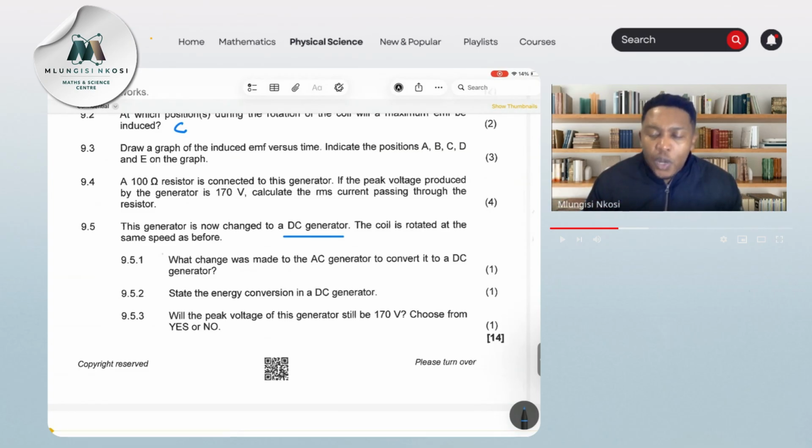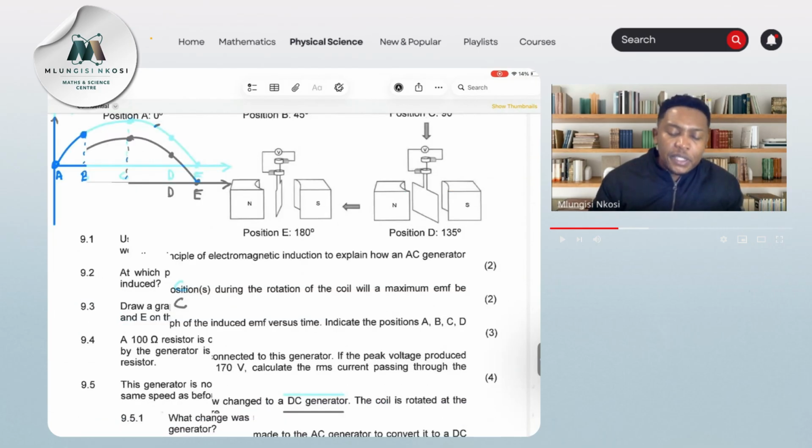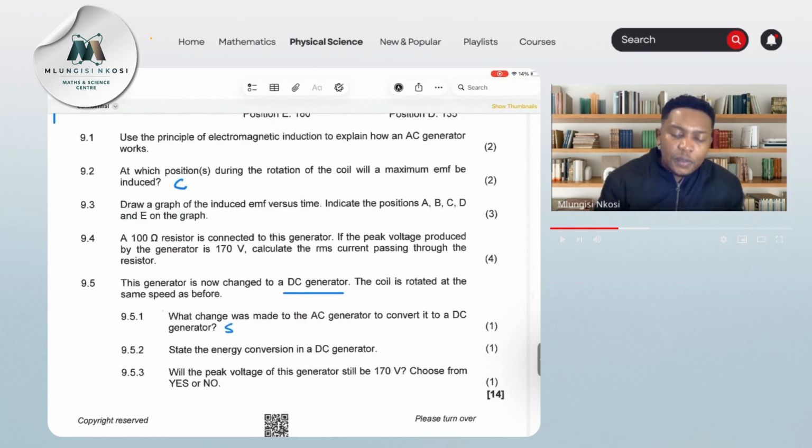They say the coil is rotated at the same speed as before, right? What change was made to the AC generator to convert it to DC? So we must have changed slip rings into split rings. Okay. Slip rings changed to split rings.